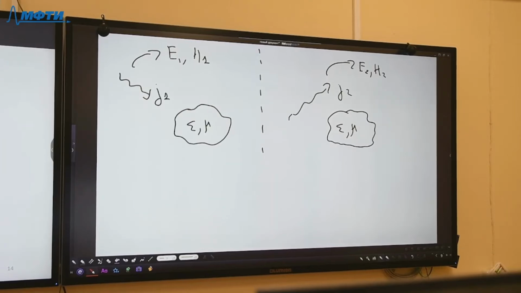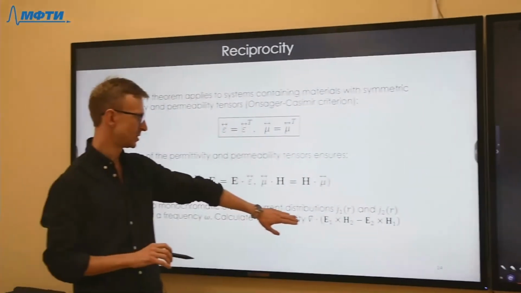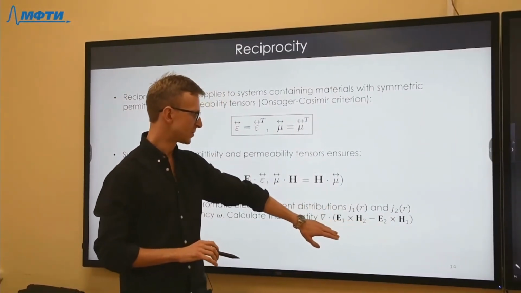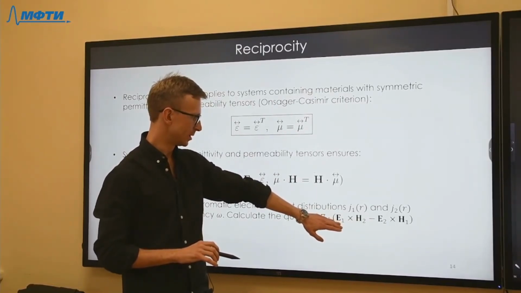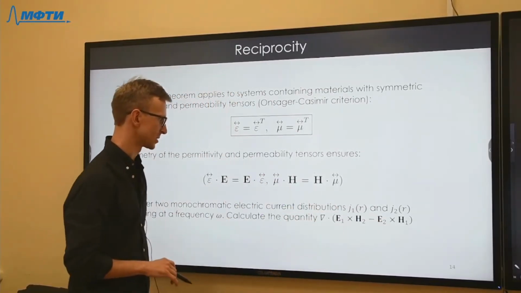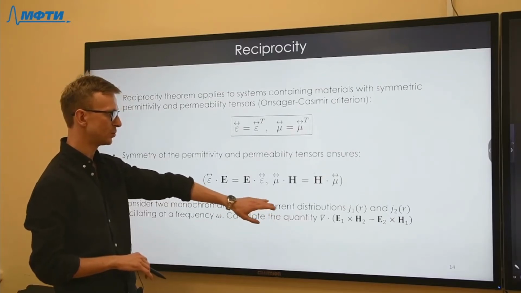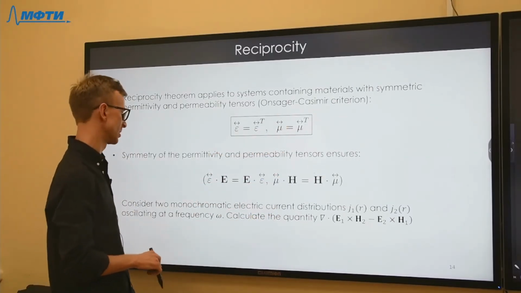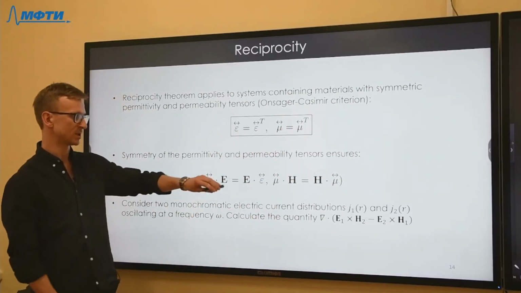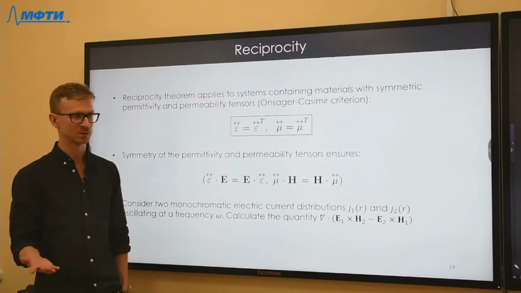Now we calculate this combination: the divergence of this difference of vector products, where E1, E2, H1, H2 are the fields produced by the currents. And we apply Maxwell's equations because we cannot apply anything else. We don't have anything else.